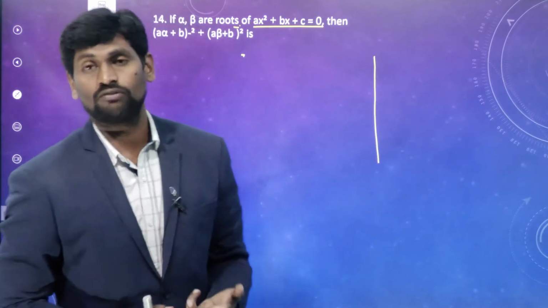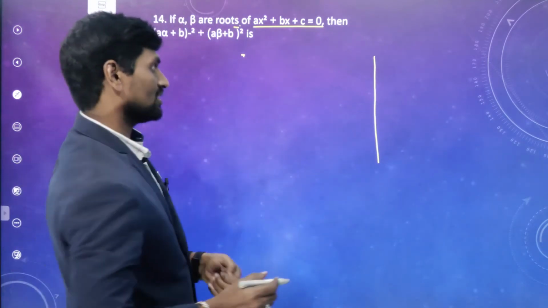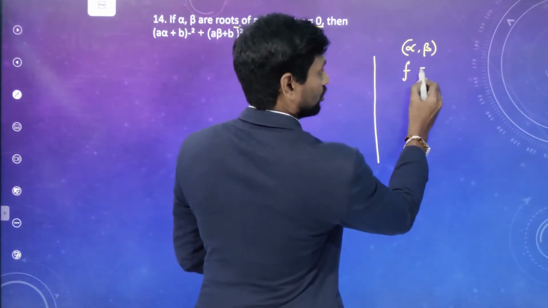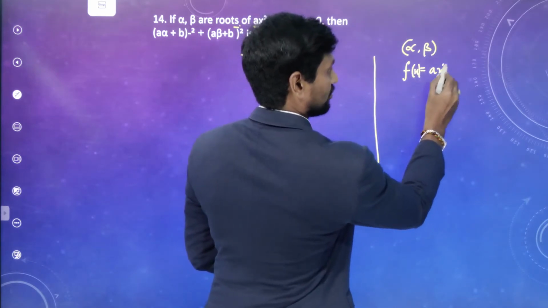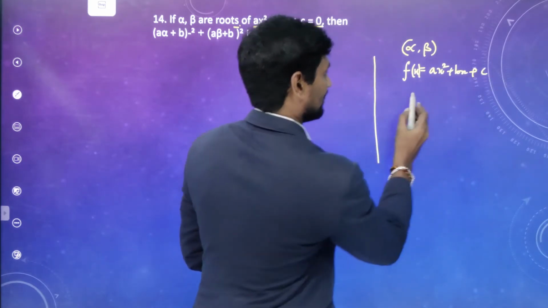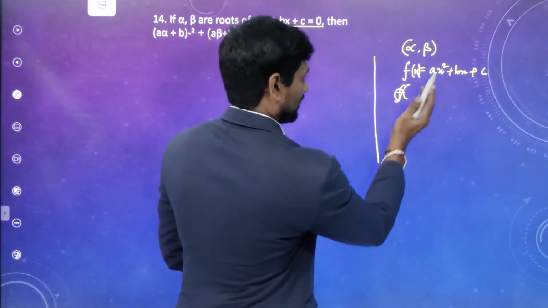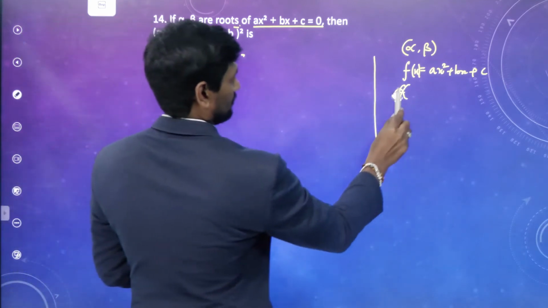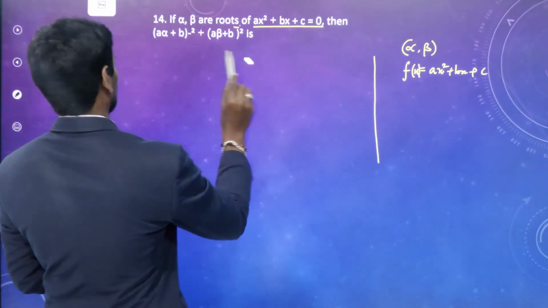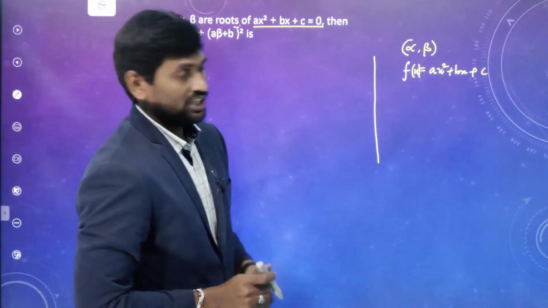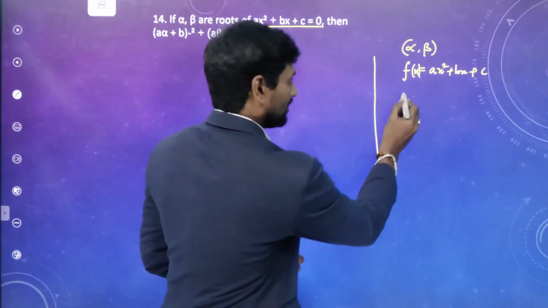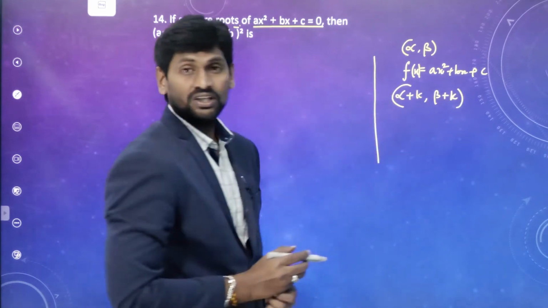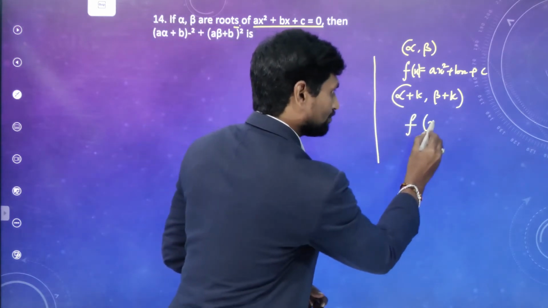Among the properties or transformations of quadratic equations, we have learned some formulas. If alpha, beta are roots of f of x, then alpha plus k, beta plus k are roots of the equation f of x minus k.